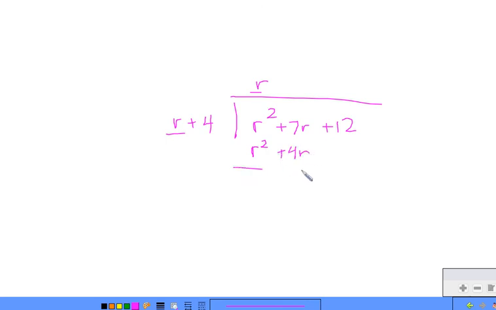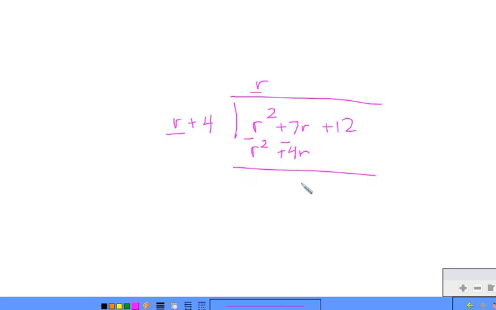Now every once in a while you might not have a remainder, which is totally fine. For example, let's say we had r squared plus 7r plus 12 divided by r plus 4. So r times what gives you r squared? Well, that's r. Multiply it out. We have r squared plus 4r.